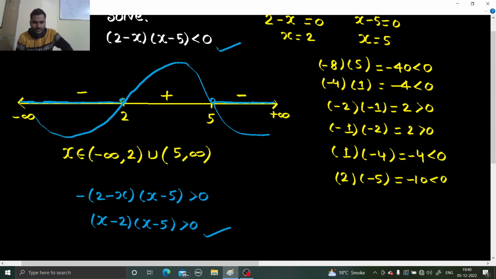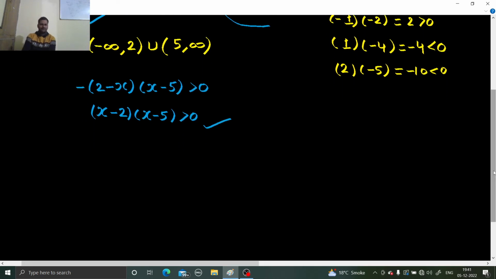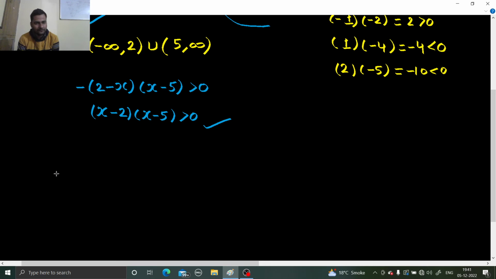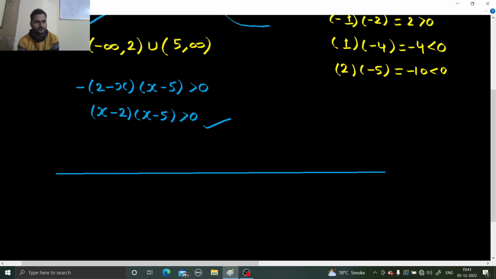But the second one is a nice looking thing because the coefficient of x is positive, and we can easily draw the number line for it. So if I see the number line for this, there you go.